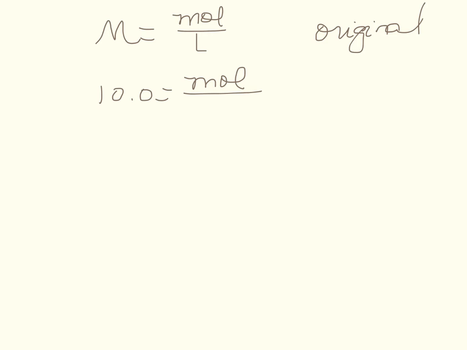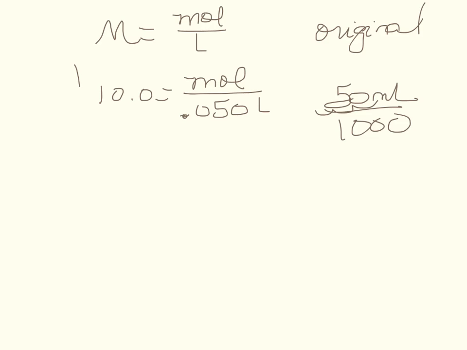So we don't know how many moles are in that 10 molar solution, but we have 50 milliliters, and 50 milliliters is equal to, move decimal over 3 places, 0.050 liters. All right, so we always know 2 out of the 3 values in the molarity equation, and so we can solve for how many moles we're dealing with.